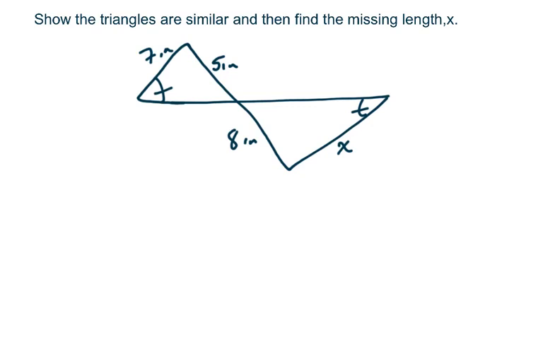Some of us may get tricked. We don't want to get tricked because think of your toolbox. These guys are vertical angles. So those are already equal to each other. So I'm going to mark them with 2 tick marks. If I already know 2 angles are equal, then by default, these angles have to also be equal because I would be doing the math of 180 minus whatever the other 2 are. And we already know we had 2 of the same.